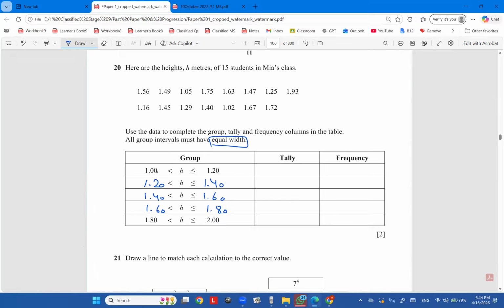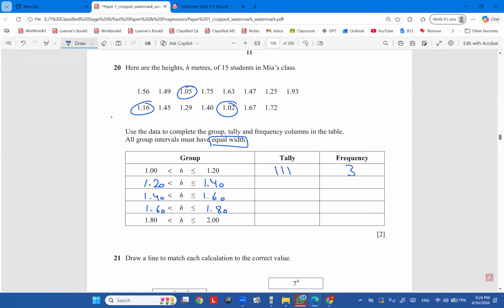The tally, you should look here for the numbers that are between 1 and 1.20. So you're going to find this one, this one, this as well. So you're going to find that they are actually 3.